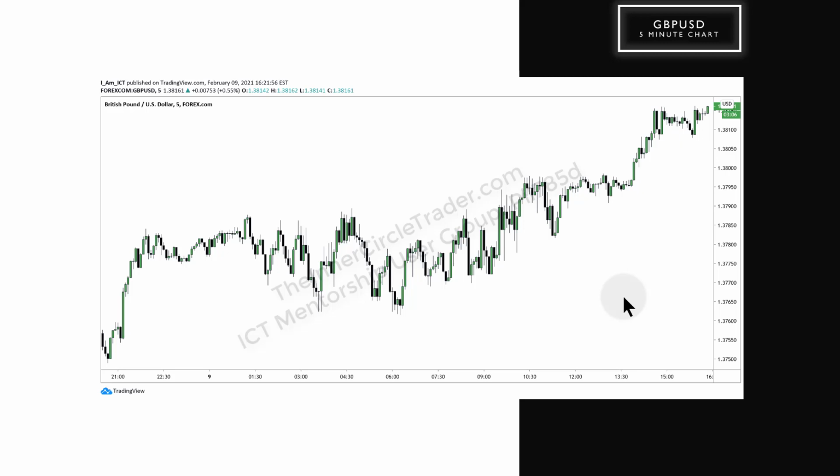And look at the price action. Look at the price action of this pair and compare it to euro dollar. Euro dollar is cleaner, much easier to read, much more trustworthy. It's not a rattlesnake.